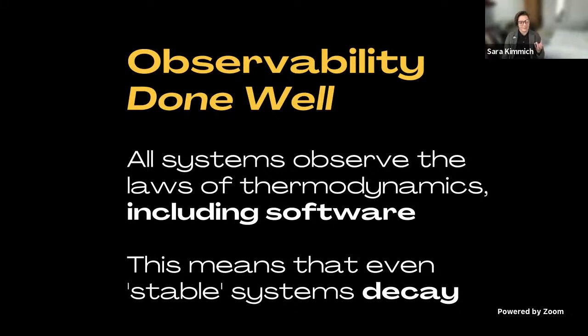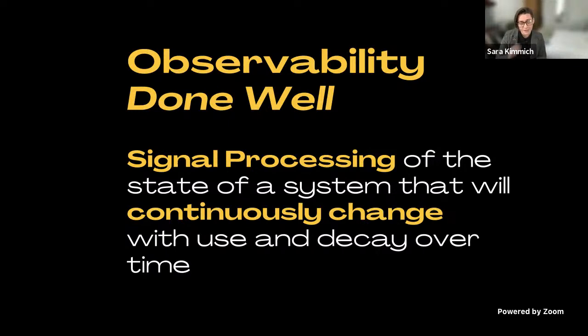So even if I was to create the world's most stable monolith, it could still and will still eventually fail. So as we want to perturb and test our systems, we want to become more aware of what type of decay we're going to be seeing across all aspects of our architecture.